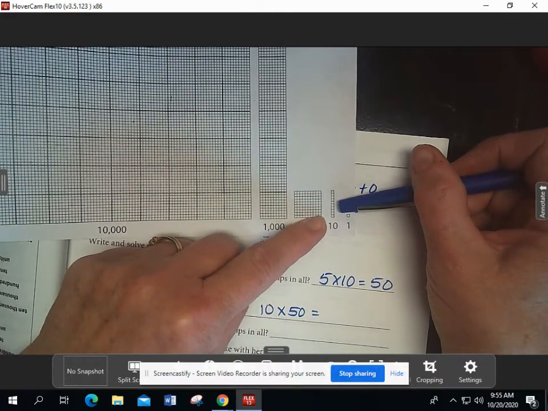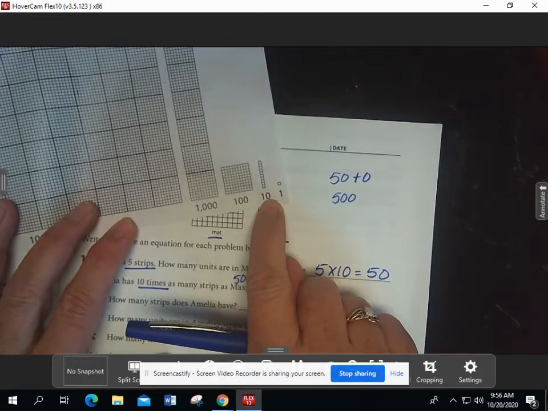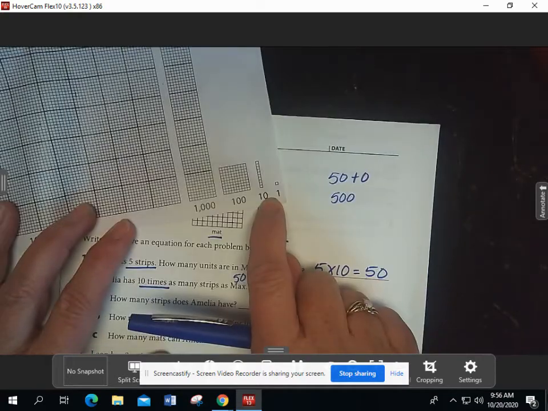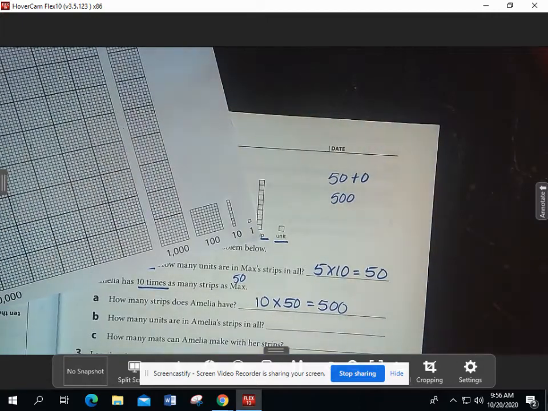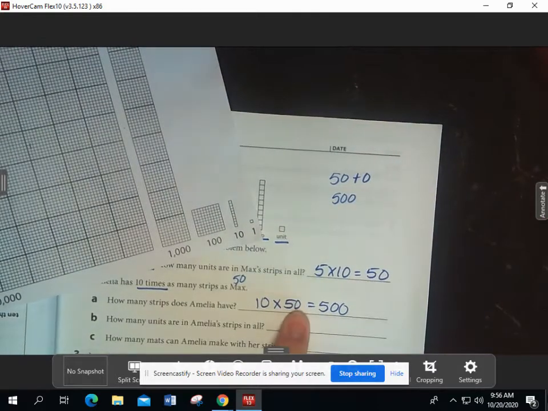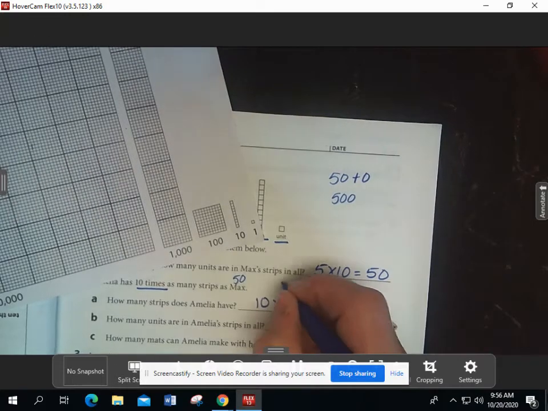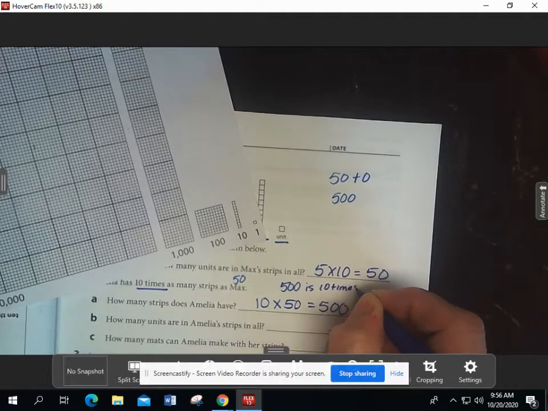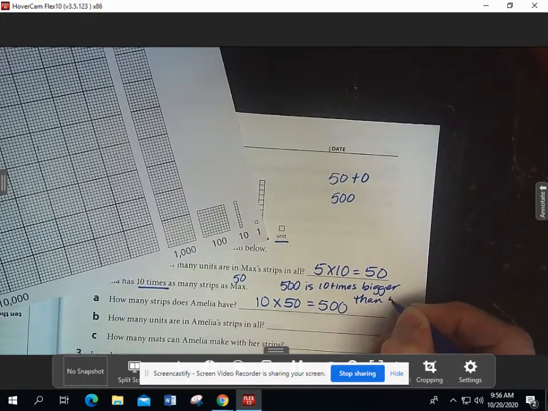Luke, I want you to listen to this. First of all, she has 10 times as many strips. So what's 10 times 10? 100. And so she's got 5. What's 5 groups of 100? 500. You knew it was 500, but how do you explain it? In other words, 500 is 10 times bigger than 50.